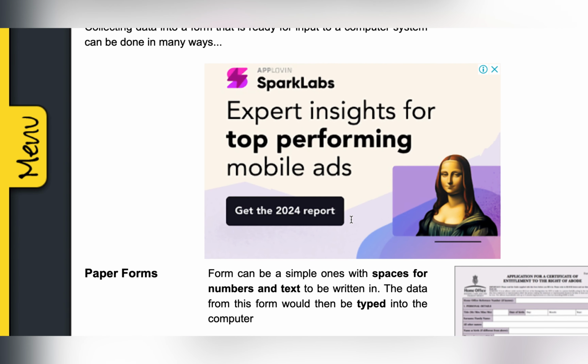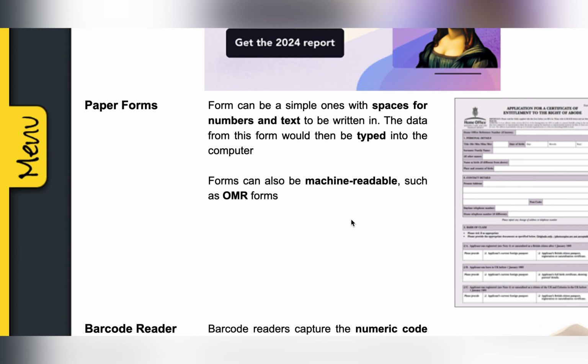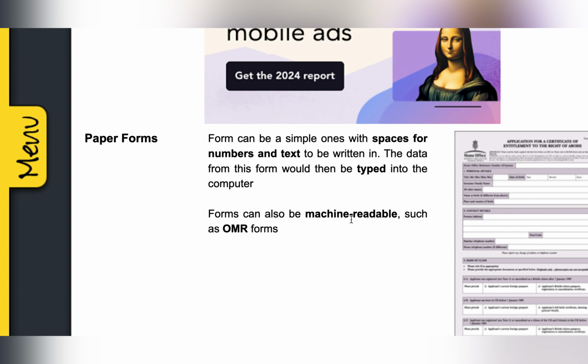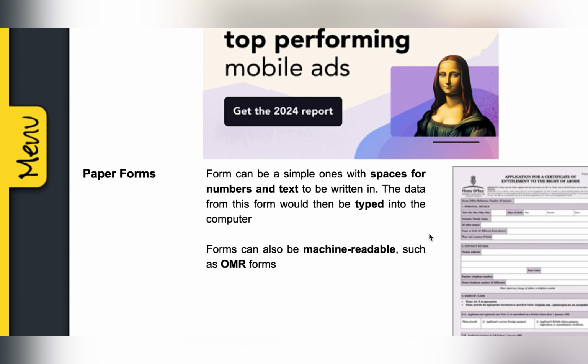So that's one way. Another way is to type the data. We can also have paper forms. Forms can be simple ones with spaces for numbers and text to be written in. The data from this form would then be typed into the computer, like a registration form and so forth.